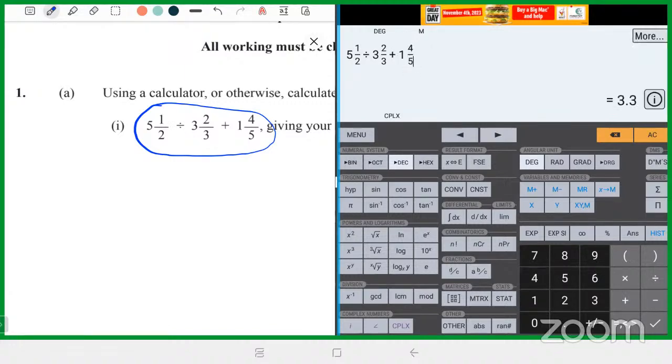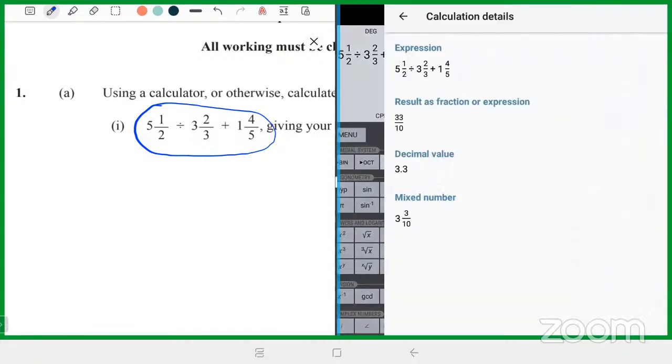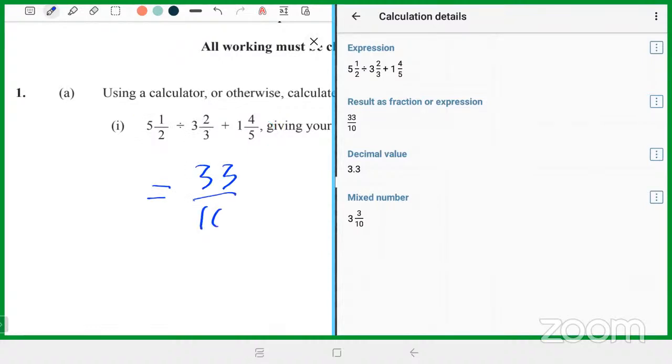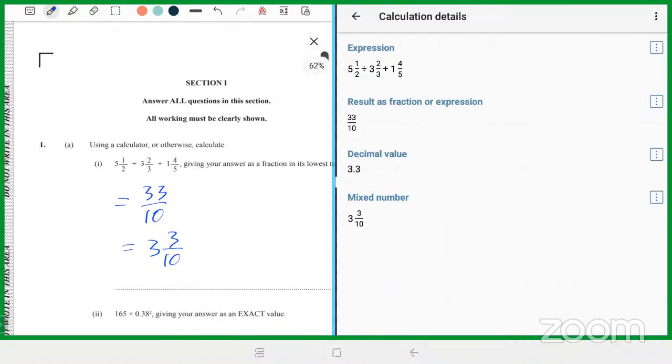You can see it as a fraction: 33/10, or as a mixed number, 3 3/10. So the answer here is 33/10, or 3 3/10.